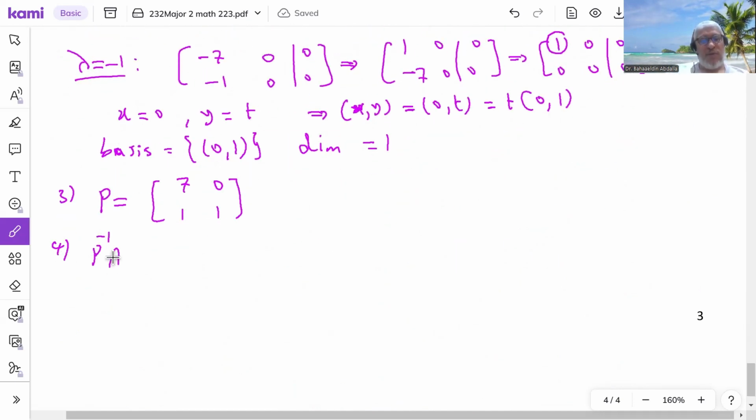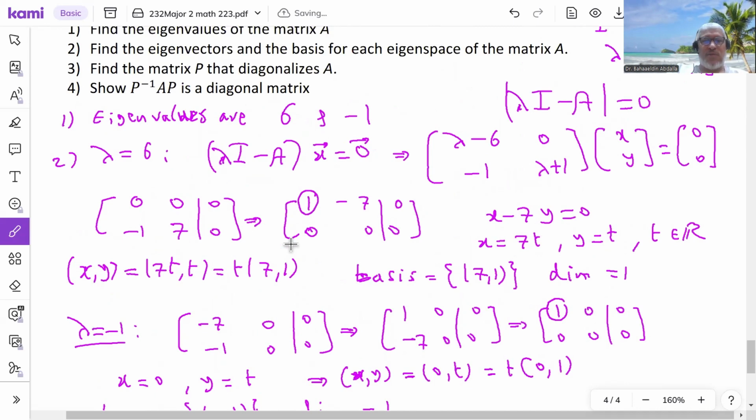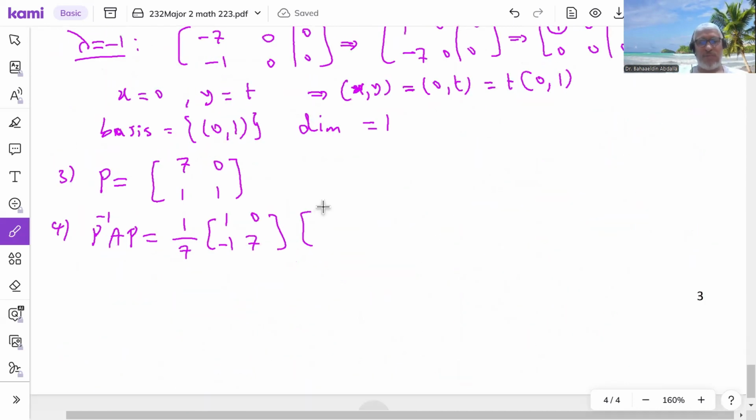So B inverse AP would be B inverse, I need the inverse of this matrix, 1 over 7 minus 0, times 1 and 7, where I change the positions of the diagonal entries, and 0, 1, where I change their signs. Times A, which is 6, 0, 1, negative 1.